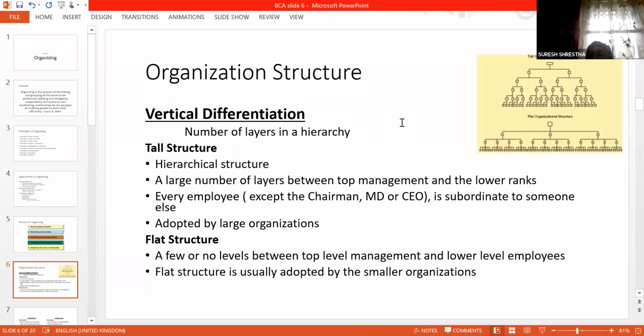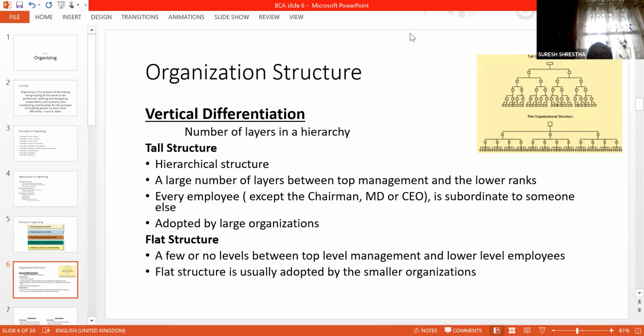कसरी गर्ने भन्ने चाहिँ नि, that is you see these on the top, you can see one figure there. So in the top ma चाहिँ नि you have कतिवटा लेभल छ हैन, 1 2 3 4 5 6 वटा लेभल छ भने that is a tall structure that you are having.